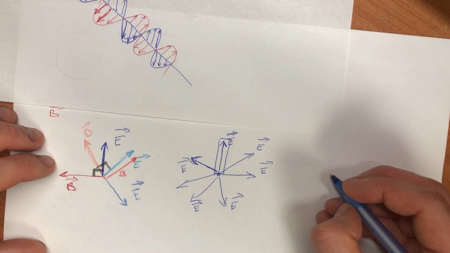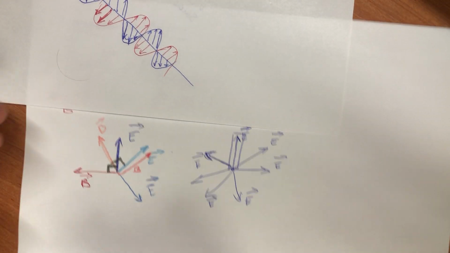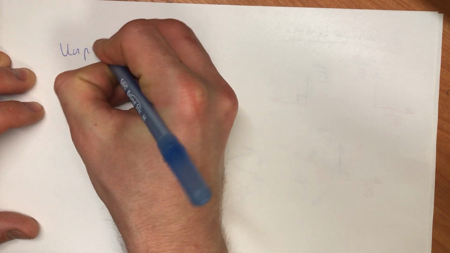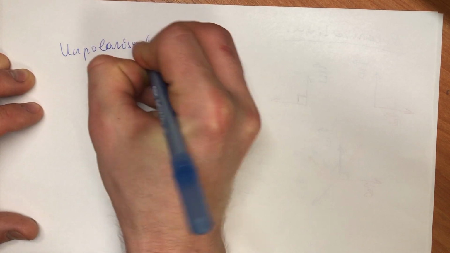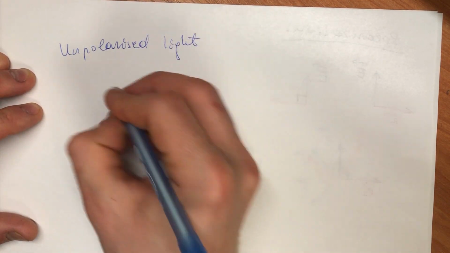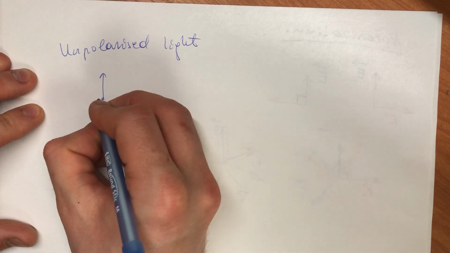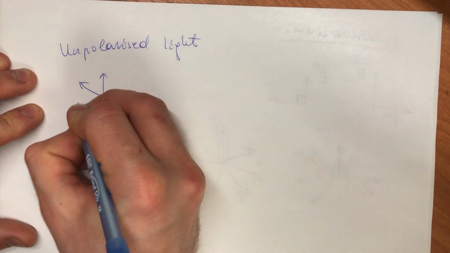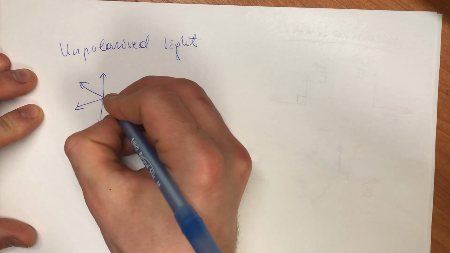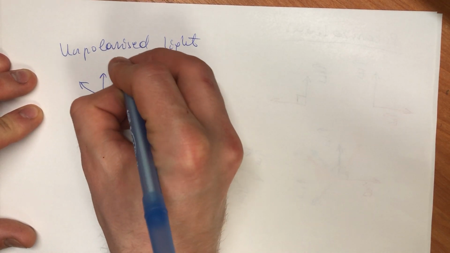So in unpolarized light, the electric field is oriented at different directions.